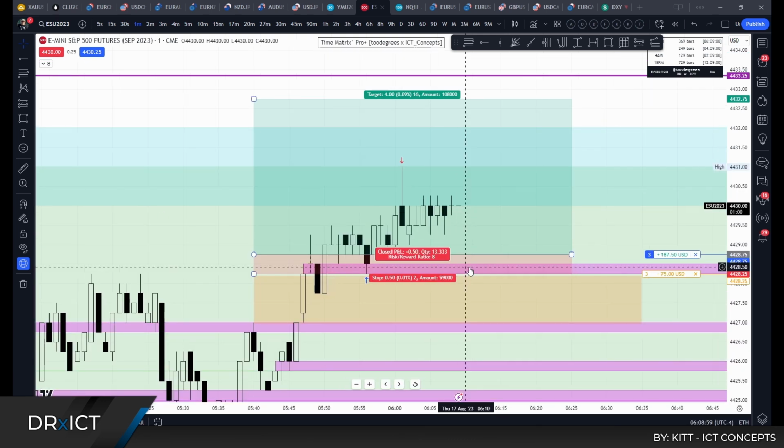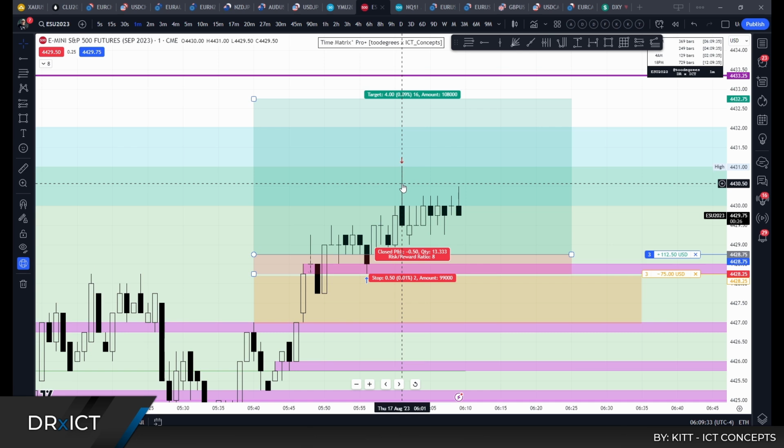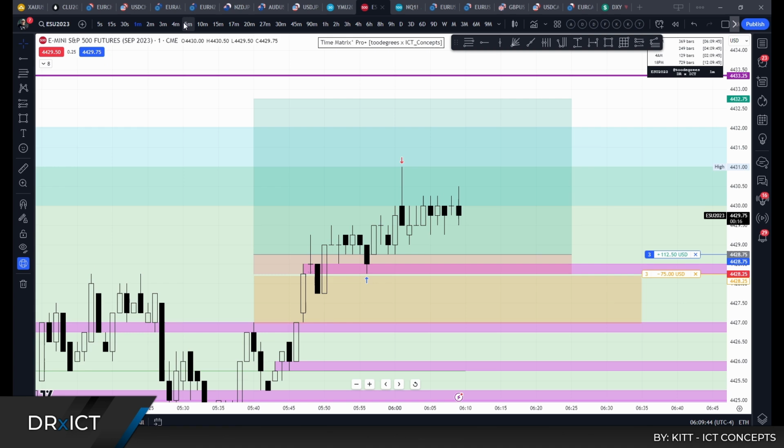A 2-tick 0 drawdown trade. If it goes my way, we hit. Even if it doesn't matter. Go back to 5 minute. We don't need to sit on this.